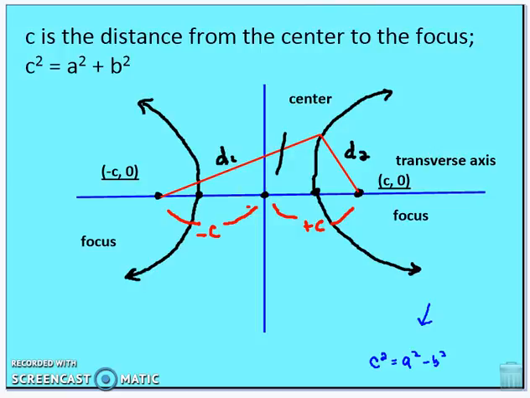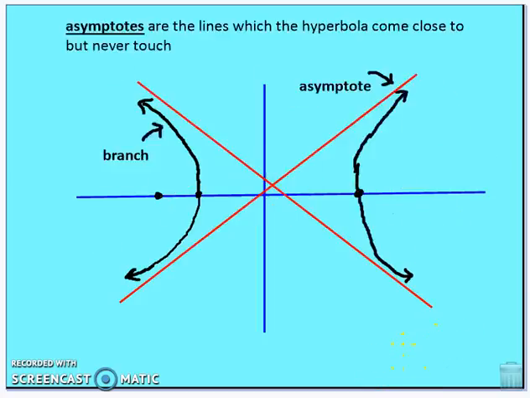Remember from our discussion on ellipses, the formula was C squared is equal to A squared minus B squared. But for a hyperbola, C squared is equal to A squared plus B squared. So there's a difference in the formula for C squared between a hyperbola and an ellipse.